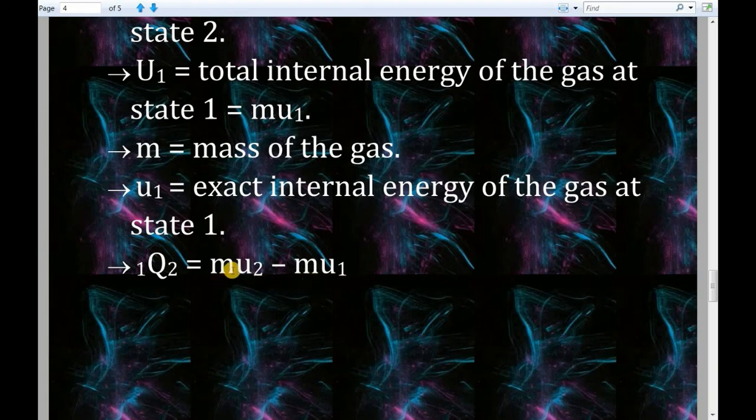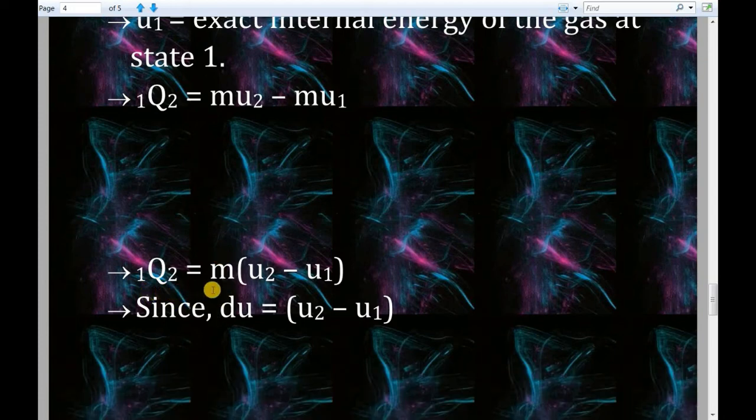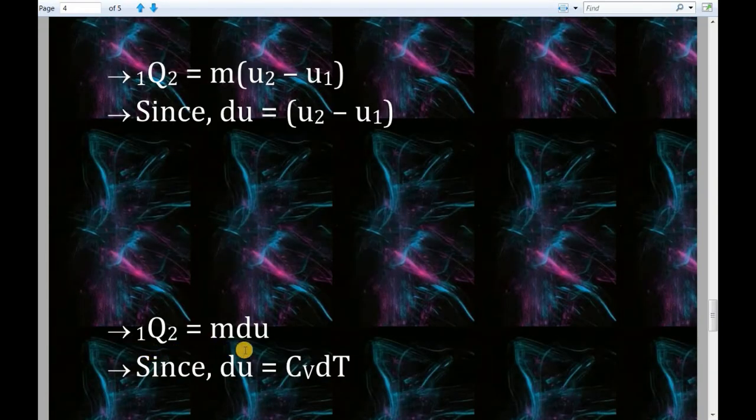Now we will take m as common. We get 1Q2 is equal to m into (u2 minus u1). This u2 minus u1 is nothing but the differential internal energy, that is du. So the next step will be 1Q2 is equal to m du.